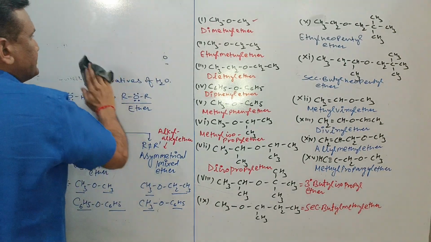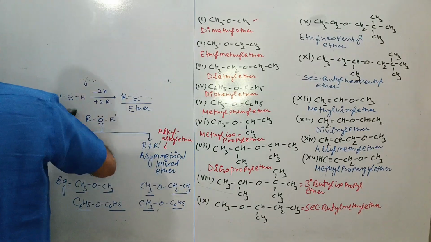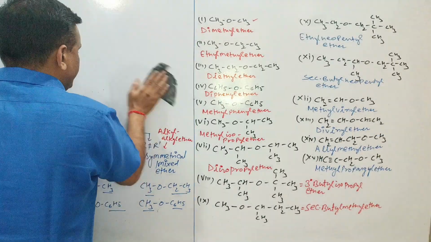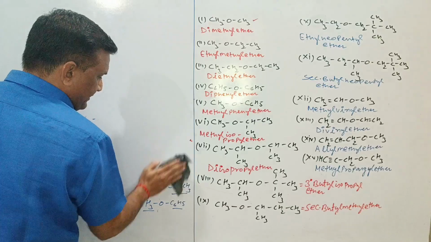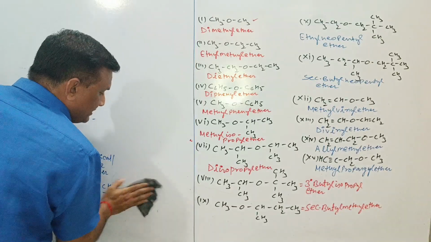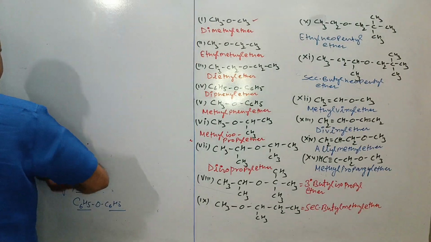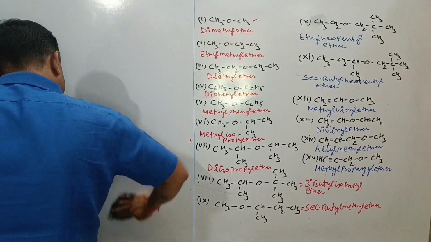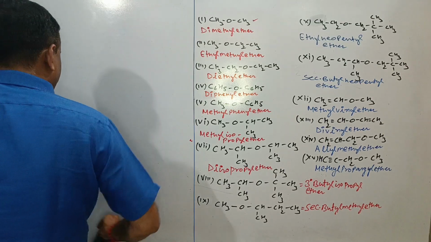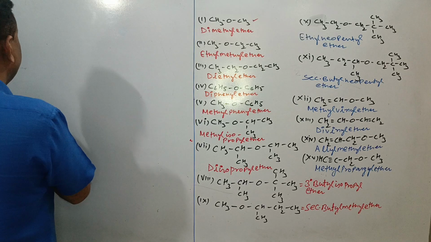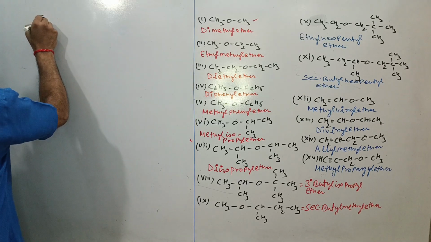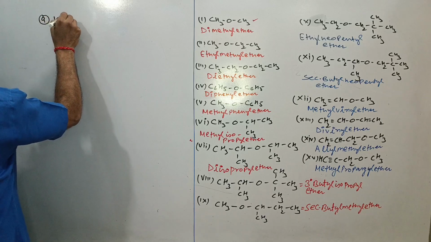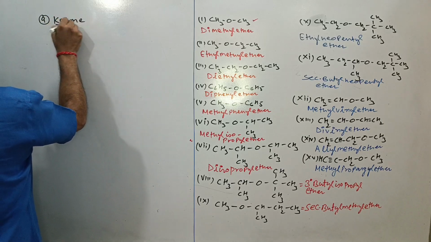This is the 9th functional group, ketone, and its naming is similar to the naming of ether, which we have discussed. Sorry, it's your ketone. The 9th functional group is your ketone.